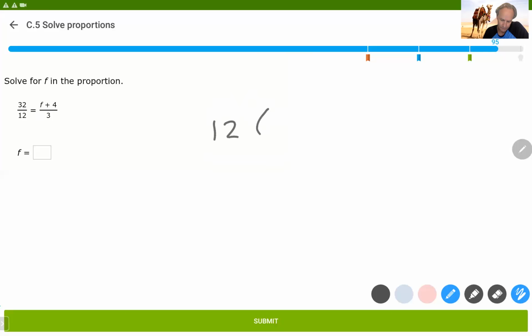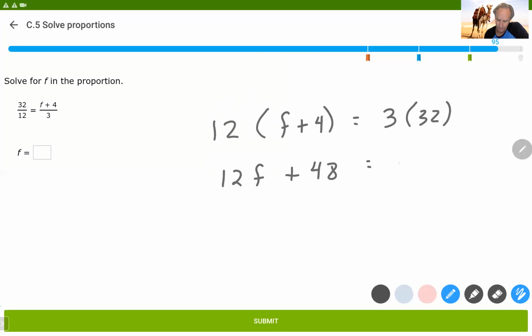Twelve times f plus 4 is equal to 3 times 32. I should have probably multiplied that out. I'll go ahead and multiply this one. 12f plus 48 is equal to 96. Subtract the 48.